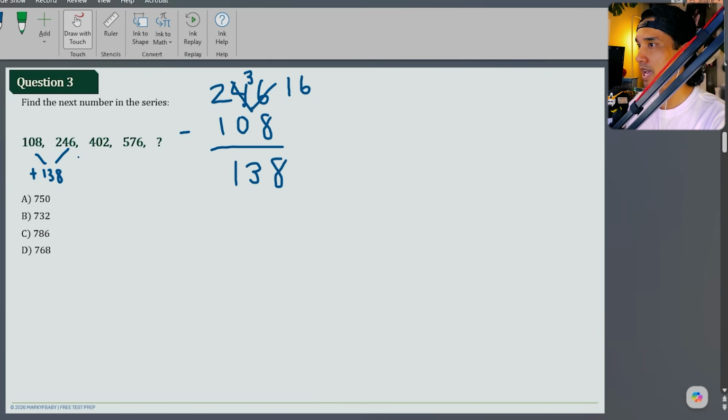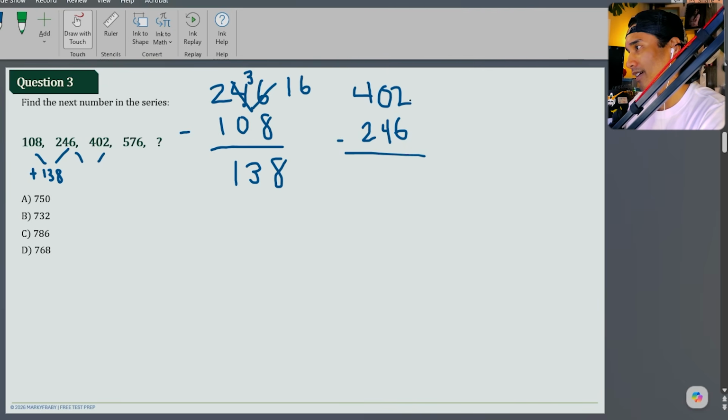So from here to the 246 is plus 138. Now what's happening from here to here? So I'm going to do 402 minus 246. And I did kind of make this realistic because the IBEW does this where it's not like 8 minus 6 equaling 2. You know, you always got to borrow, and it kind of gets annoying, so I need to actually write everything out.